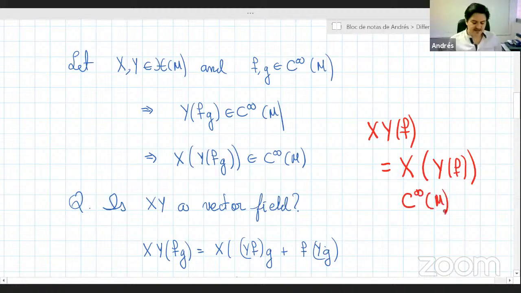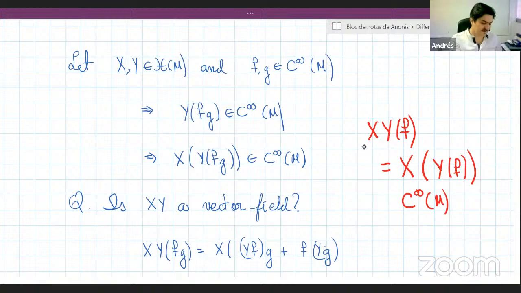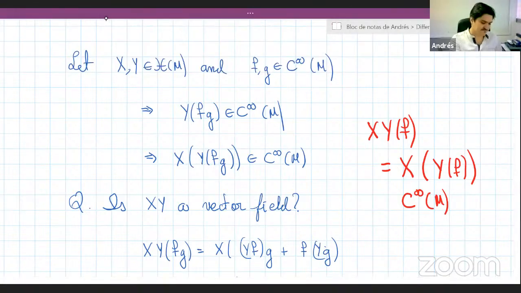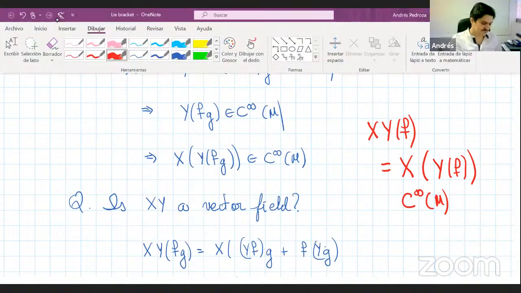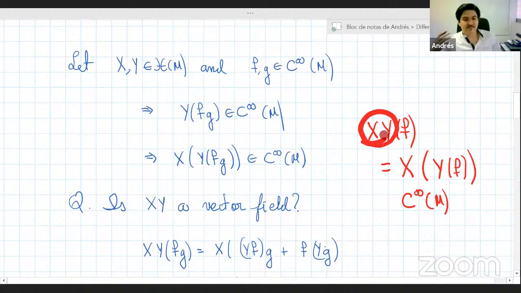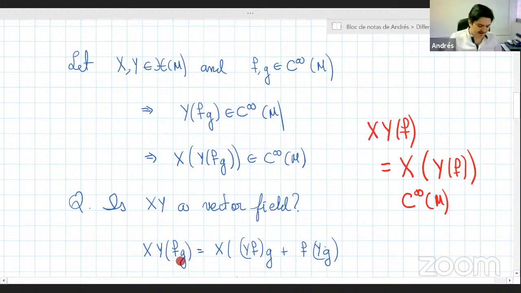And now I would like to see if this is a vector field, meaning that if it's a derivation, that's why I have two functions here. Okay?